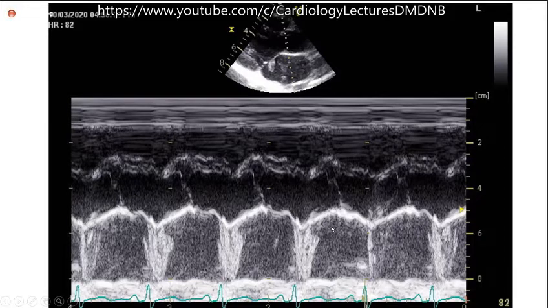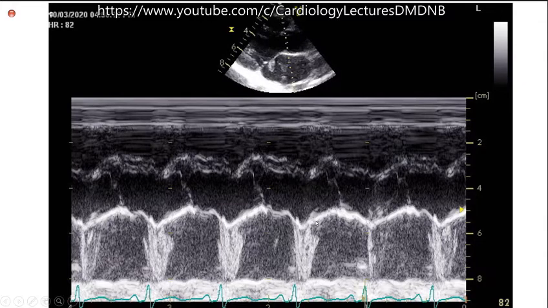Actually, one of the conditions diagnosed by the person who initially used the ultrasound for the diagnosis of cardiac conditions is left atrial myxoma. And he diagnosed it by looking at the M mode, where you can see the shadow of the left atrial myxoma in the left atrium during systole.